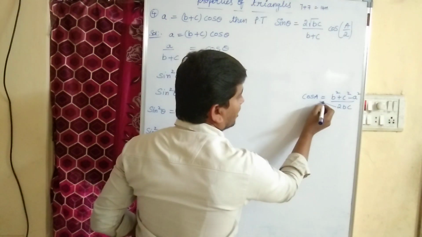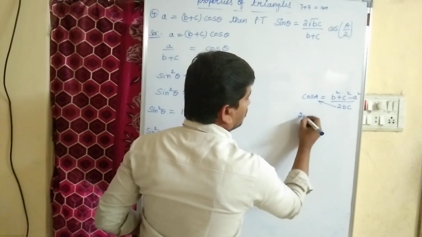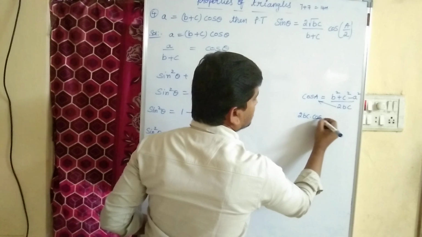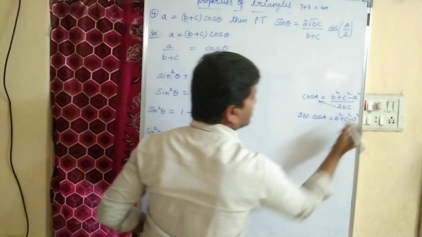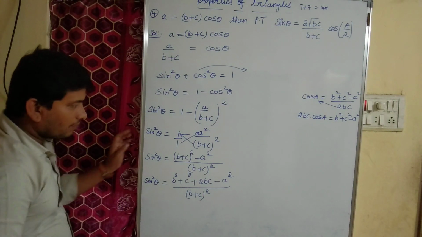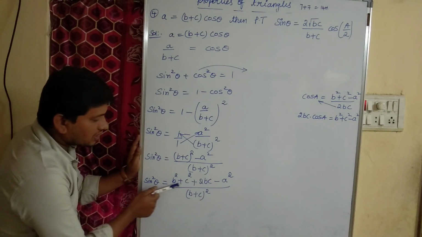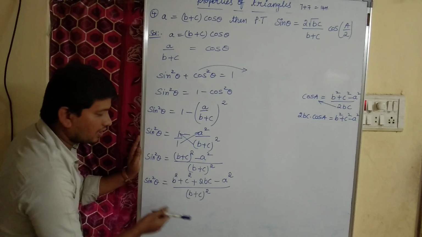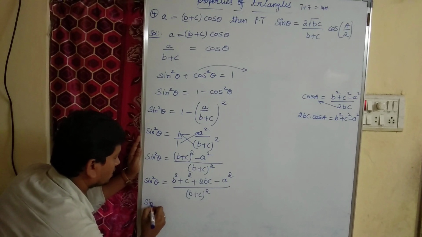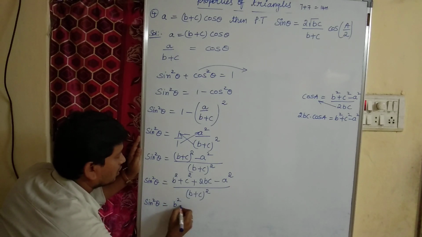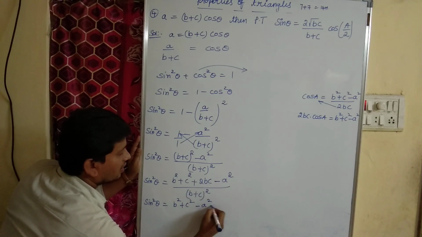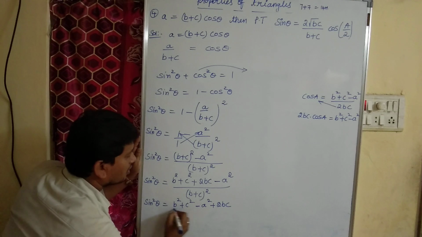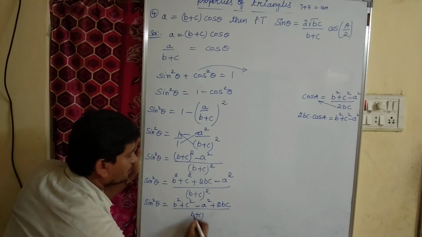Let us cross multiply. I mean 2bc into cos A equal to b square plus c square minus a square. I mean in the place of b square plus c square minus a square, let me write one more step here. Sin square theta equal to b square plus c square minus a square plus 2bc divided by b plus c whole square.